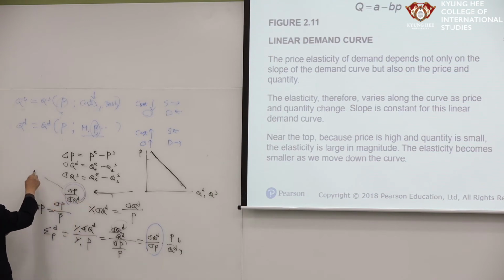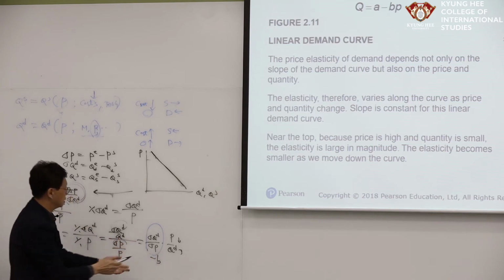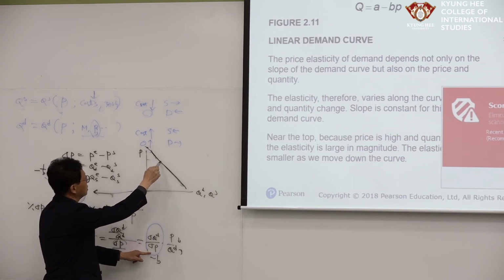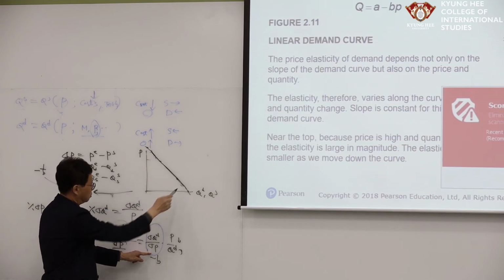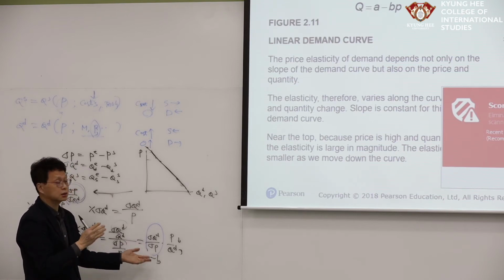This one is minus 1 over B in our textbook, then this one is minus B. So at this point, or this point, anyway, the changing rate is the same, minus B.